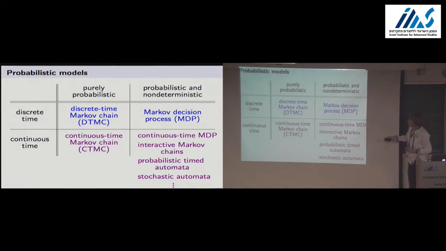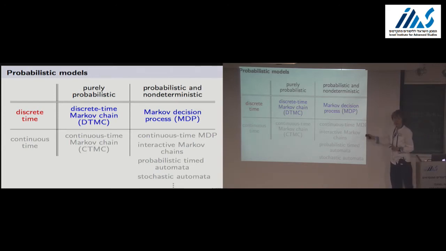Closely related are interactive Markov chains, but there are also completely different models like probabilistic timed automata, which is, if you're familiar with that, a timed automaton where some edges can have probabilistic but discrete probabilistic behavior. Now in this tutorial, in all the 4 lectures, I will only consider the discrete time case, and I will make the assumption that the given Markov chain or Markov decision process is finite.